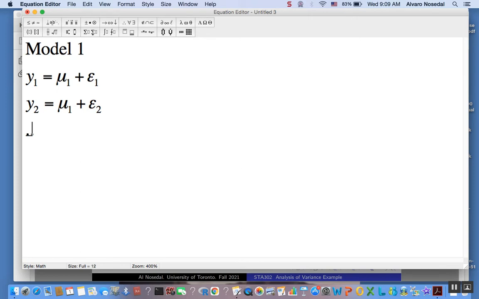Note that, well, it is starting to look like one of our linear regression models, and that's the idea. So there we are, our 12 observations.